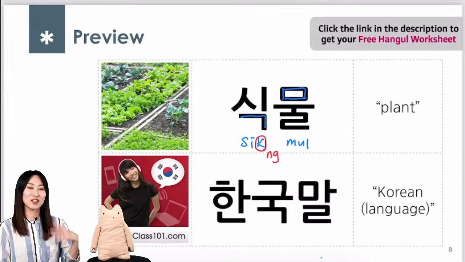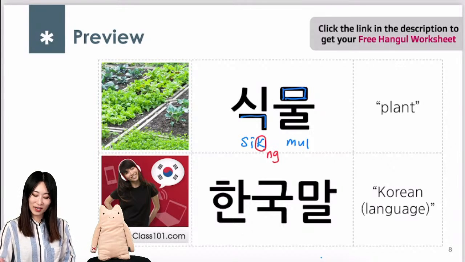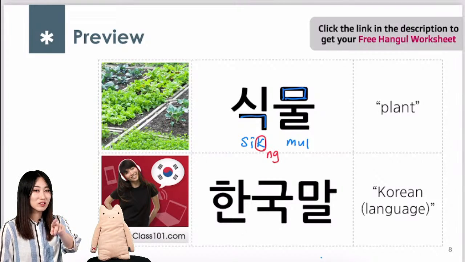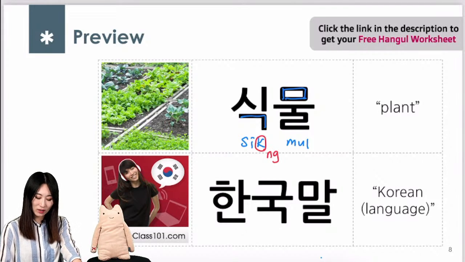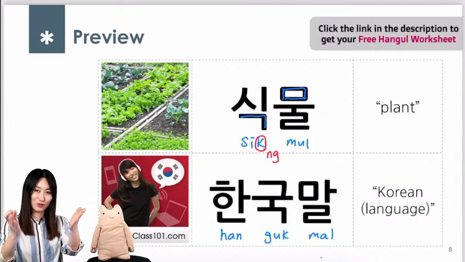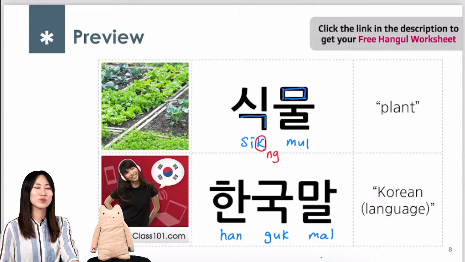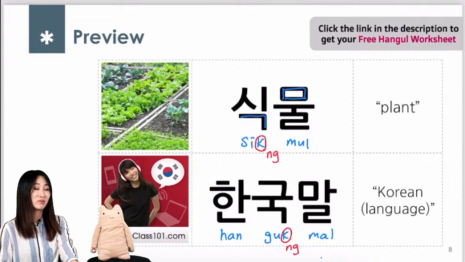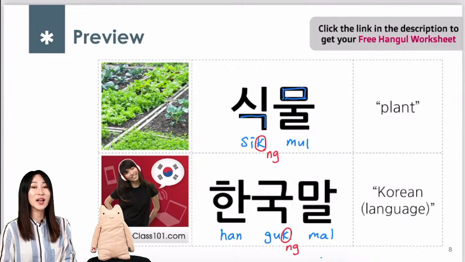Let's look at another example. Now I have this. Let's imagine again that you never learned this Batchim rule, and you're like, okay, this is 한, and this is 국, 말, 한국말, right? But now, smart students like you notice this. Oh, no, this is too difficult to pronounce. So what happens is, this becomes the nasal version, 한국말.